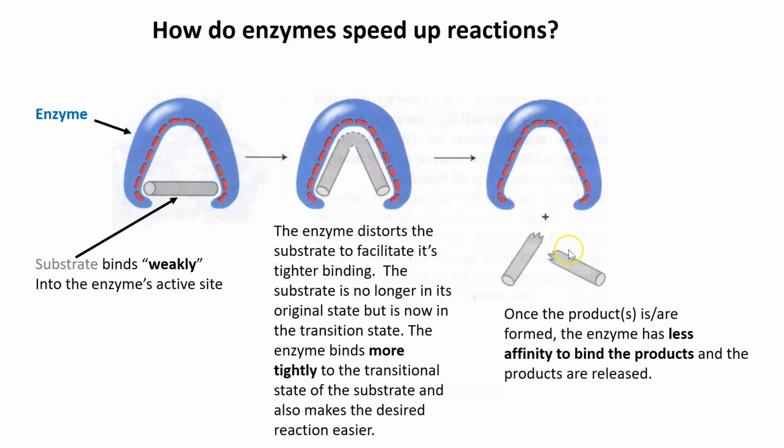Once it's broken, the products don't have any affinity for the active site, and therefore they fall out. Then the enzyme is free to go around for another round of catalysis. So this is how enzymes speed up reactions.